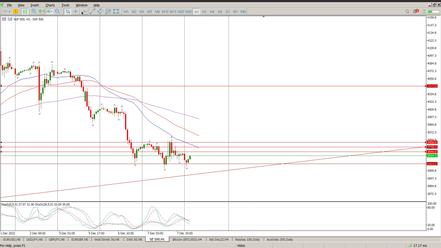Then I would expect us to be moving to come and test this area up here, which is a 39.87, and you could probably look a little bit higher as well at 39.95. So that is again at our 4,000 level. I wouldn't be too surprised to see us getting there still this week. The bulls want to close above there for the week. So that is still your target.